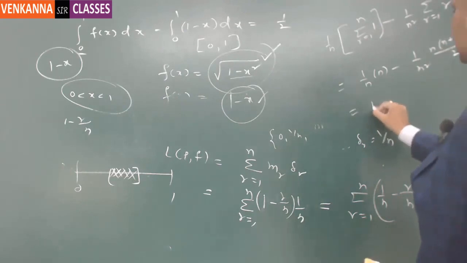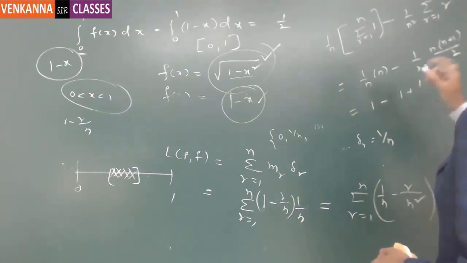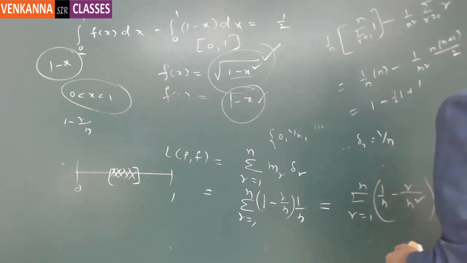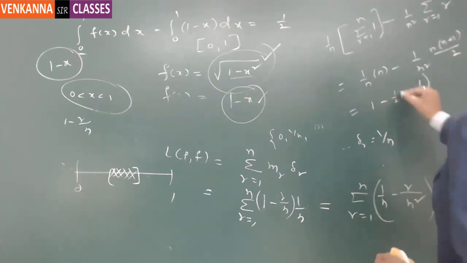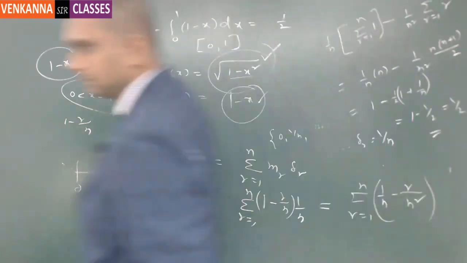So we are going to get 1 minus 1/2 into (1 plus 1/n). If you apply the limit as n tends to infinity, 1 minus 1/2, the value will be 1/2. You can check on that.